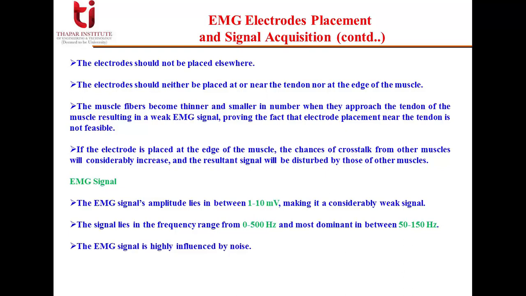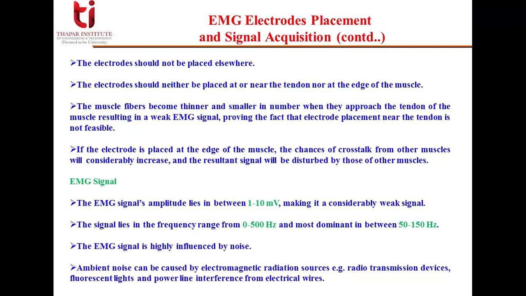The EMG signal is highly influenced by noise. Ambient noise can be caused by electromagnetic radiation sources, for example radio transmission devices, fluorescent lights, and power line interference from electrical wires. These different sources we will study in the chapter on sources of noise in these bioelectrical signals.